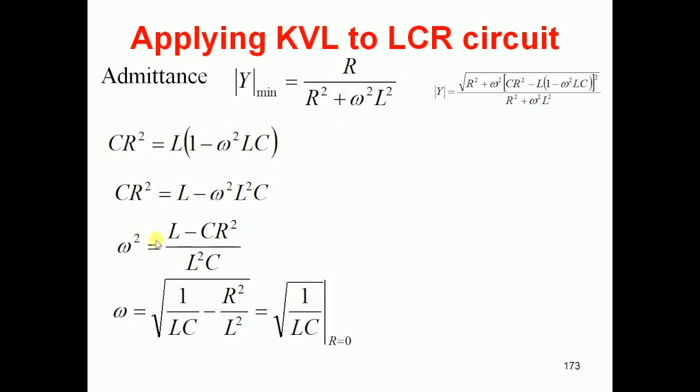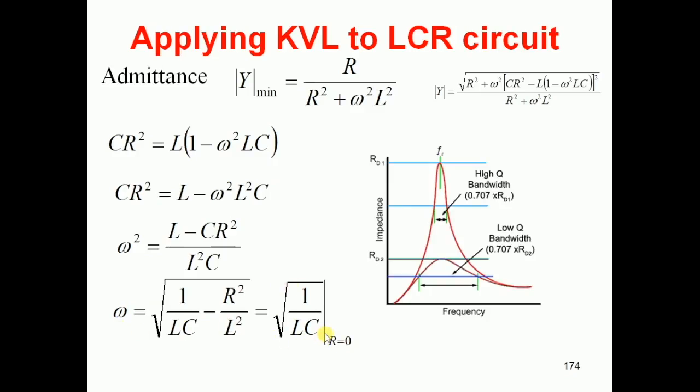You can simplify this and it turns out that omega is equal to under root of 1 by LC minus R square upon L square. If you take the resistive part 0, then omega will be under root of 1 by LC. So it looks similar to that of the series resonance circuit.